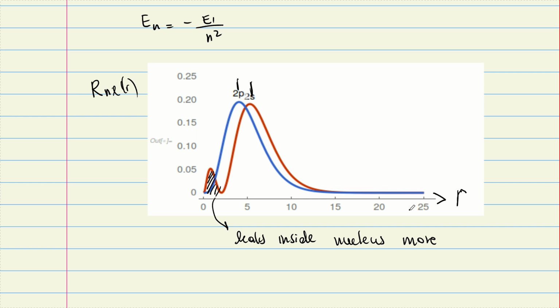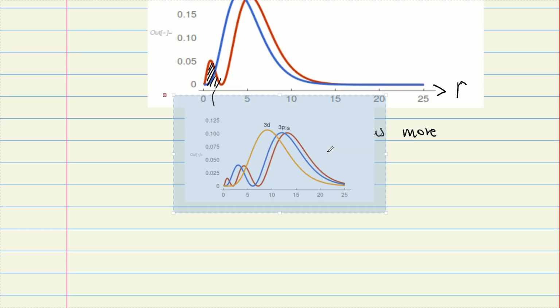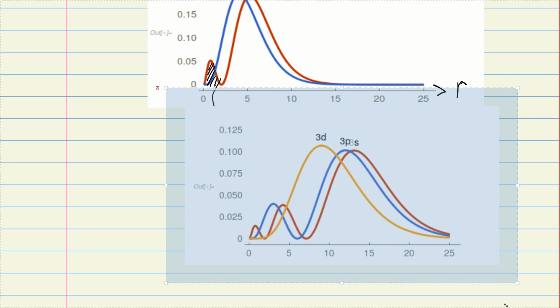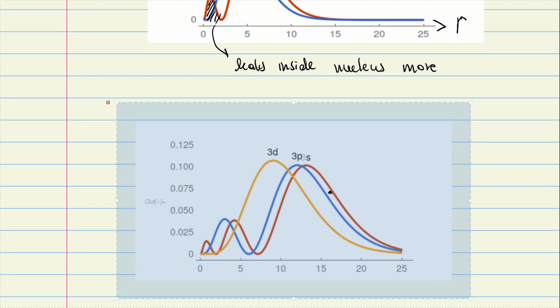And if something leaks inside the nucleus more than something else, we say it has a stronger binding, right? If you are getting closer, you bind a little bit stronger. And if the binding energy is stronger, the ionization energy is going to be larger.